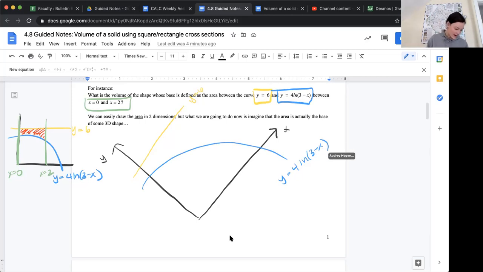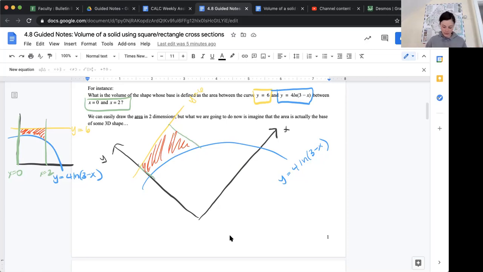And then again, I'm talking between 0 and 2. So here's 0 and here's 2. And again, I'm actually not going to draw that line all the way down, so we'll just put 0 and 2. So the region is right here. Okay, so there is the base of the 3D shape that we are going to create.